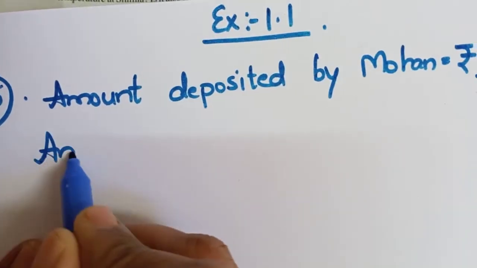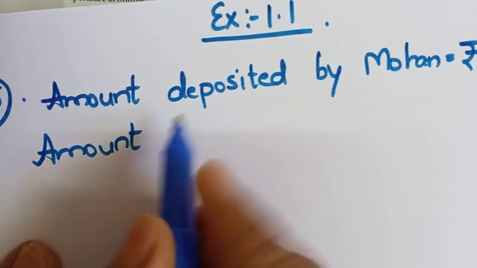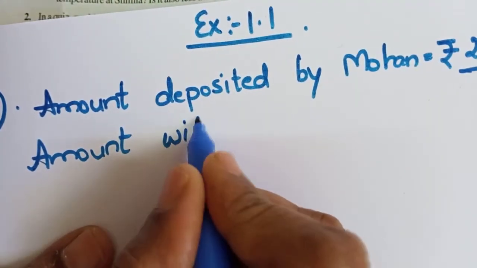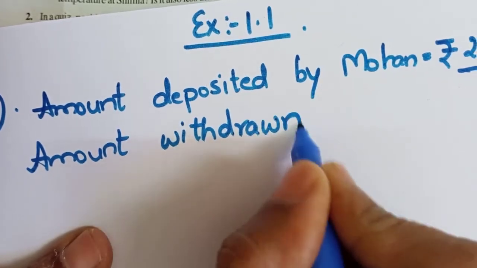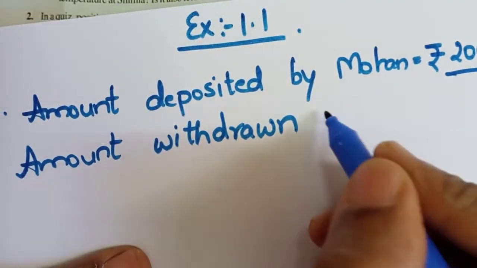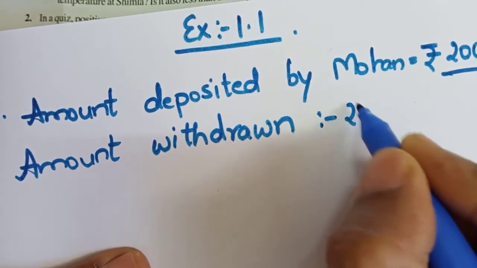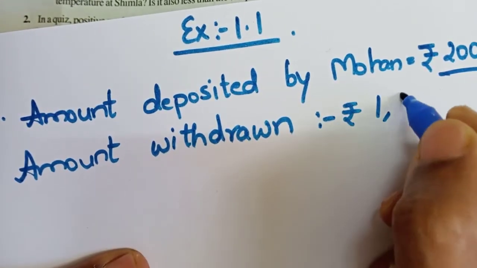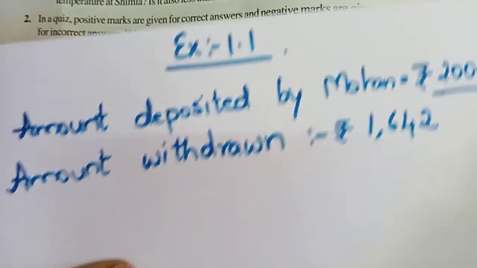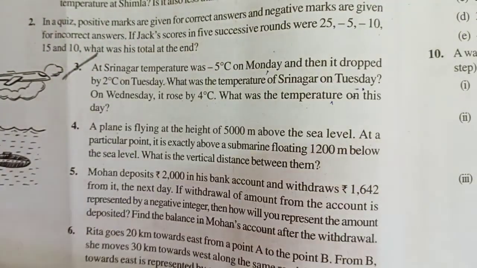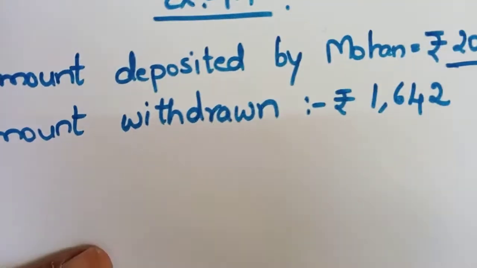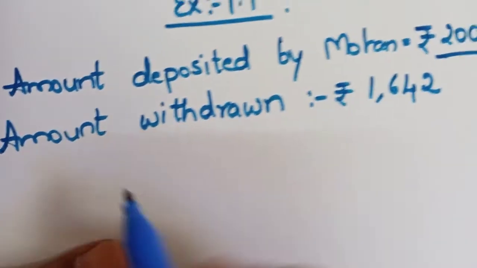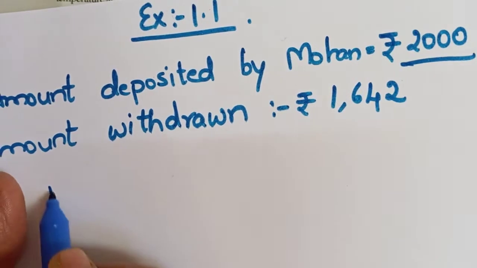Then amount withdrawn, isn't it? Amount withdrawn. How much amount is withdrawn? It is rupees 1642, isn't it? Yes, it is 1642.